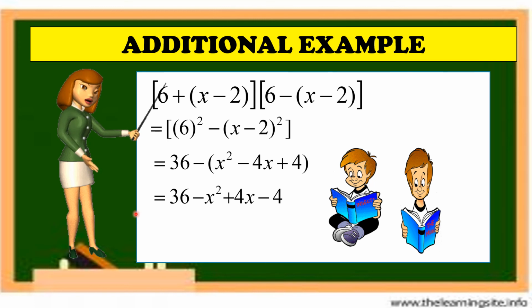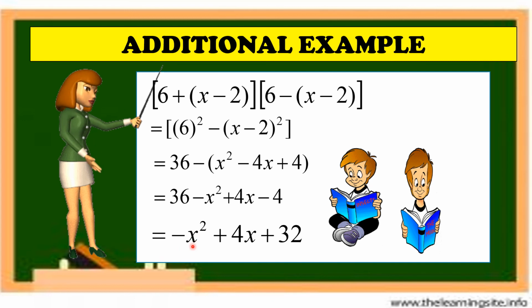So it will become 36 minus x squared plus 4x minus 4. So we arrange the terms in descending order. We'll start with negative x squared plus 4x, and 36 minus 4 is positive 32. So we have negative x squared plus 4x plus 32.